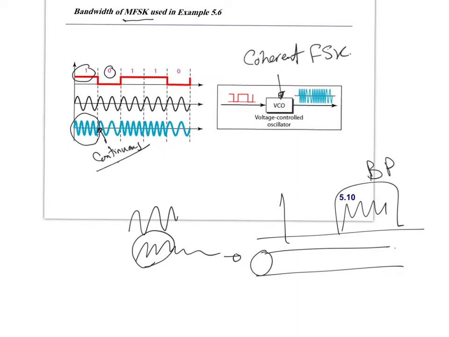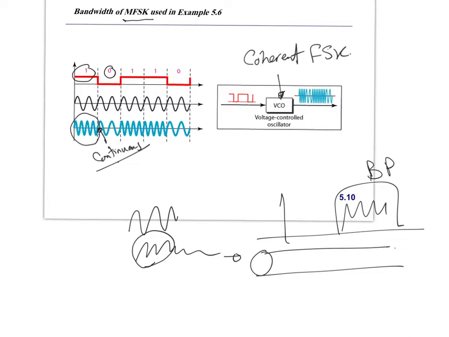We avoid the discontinuity in the signal, which really degrades the performance in terms of frequency, because if we have discontinuity in the signal, this will result in very high frequency components, which will degrade the performance of FSK. So today we need to talk about the general case of FSK.